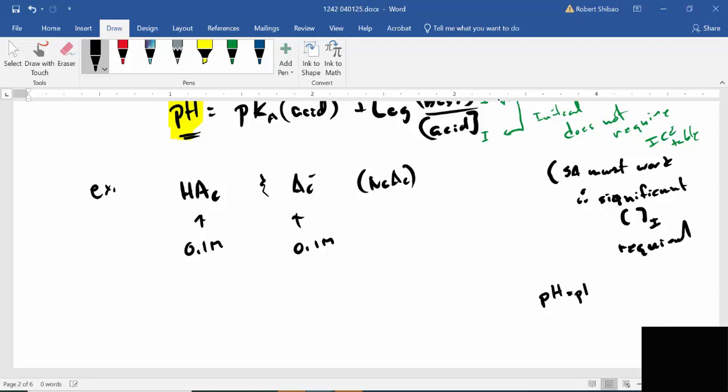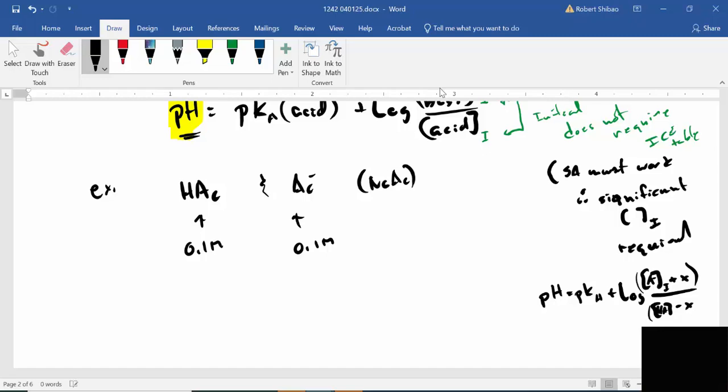The pH is equal to the pKa plus the log of the conjugate base, initial plus x, over the acid, which is the initial HA minus x.